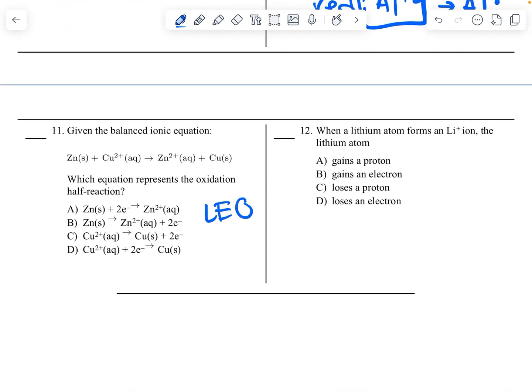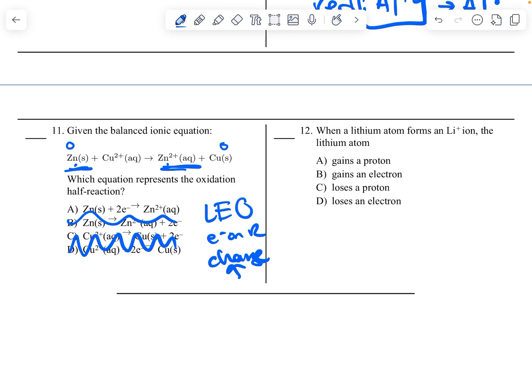Oxidation, loss of electrons is oxidation. When you lose electrons, electrons are on the right. And when you lose electrons, your charge goes up. So again, this is a 0, and this is a 0. So if you go from a 0 to a +2, charge goes up. So it has to be zinc. So zinc 0 becomes Zn +2 aqueous. So solid is on the left, aqueous is on the right.